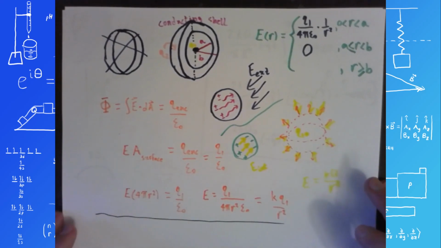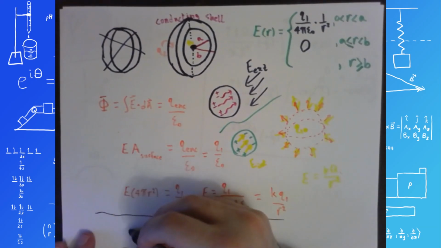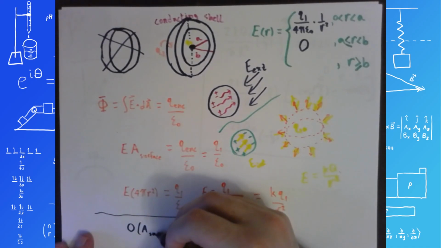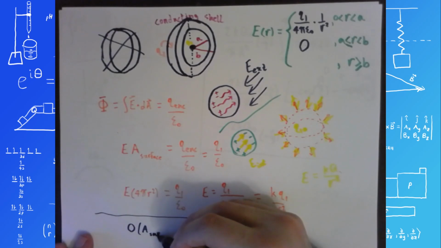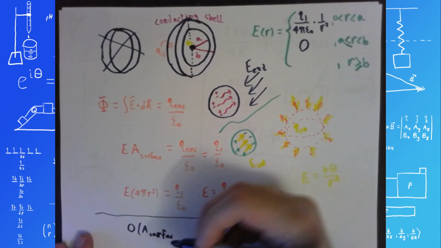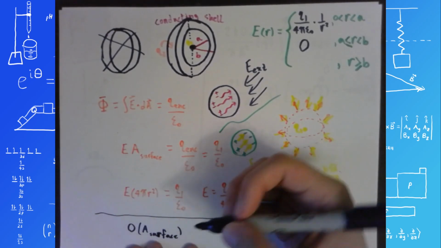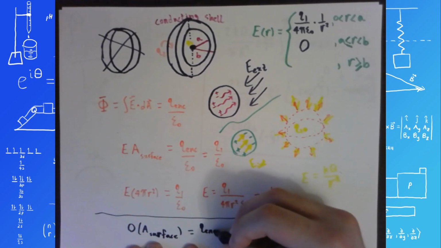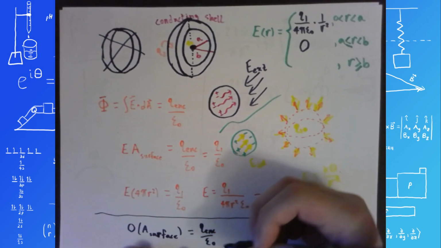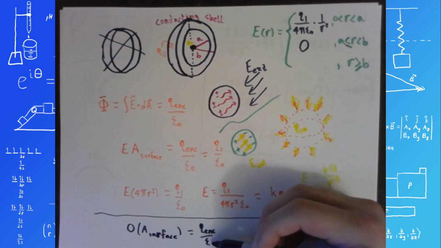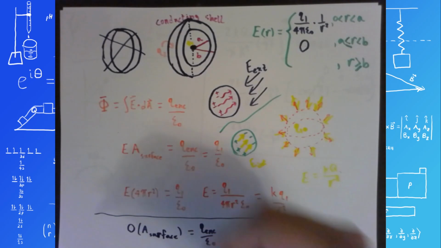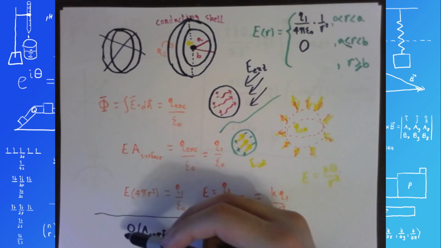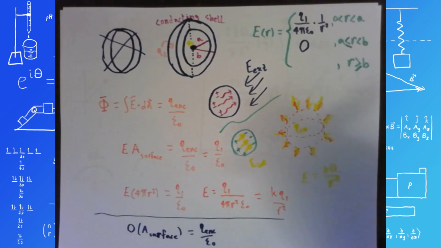If the electric field is 0, then 0 times the surface area equals charge enclosed over epsilon naught. We know epsilon naught isn't 0, and it doesn't matter what the surface area is this time, so the Q enclosed must be 0.